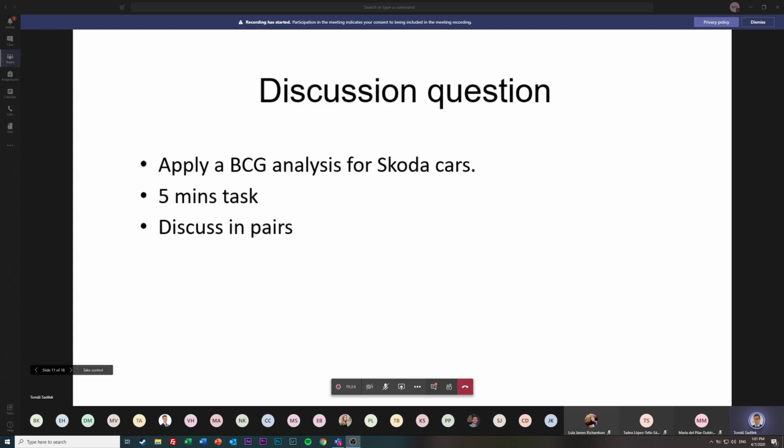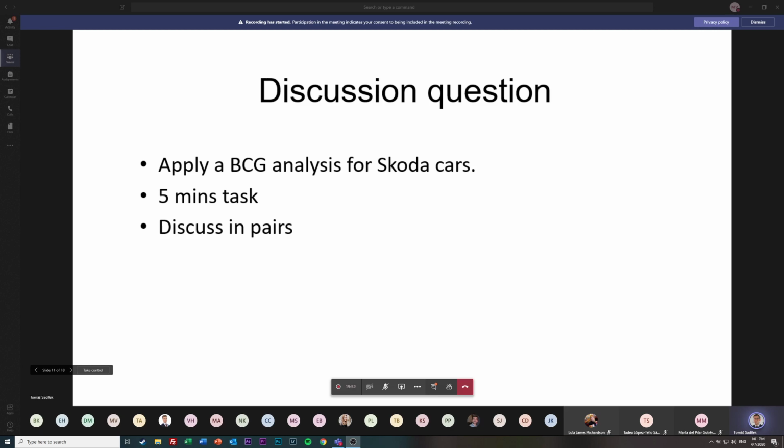Okay. Then what about the question mark or question marks? If there are some more models, question marks. So the models that are growing, but the relative market share is still quite low. What could be the example of a question mark? The model that's growing, but the market share is quite small.